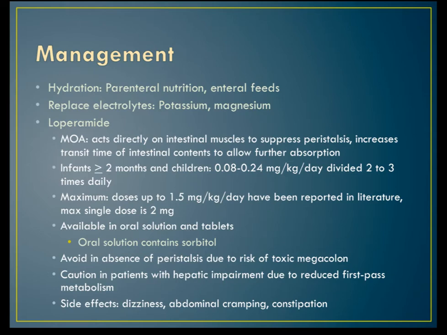This is a very different patient population. They have an underlying reason to have diarrhea. They don't absorb things like your average child. So there are pediatric studies that show that using loperamide in patients as young as 2 months is safe. I've actually seen it used even younger than that in one of our short bowel syndrome patients. But it is pretty well tolerated, and it is used very frequently.